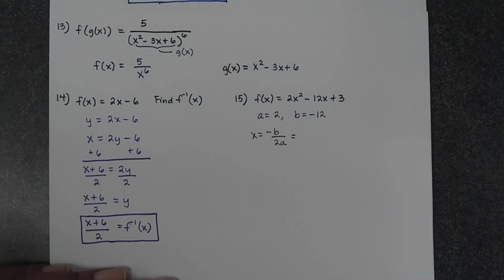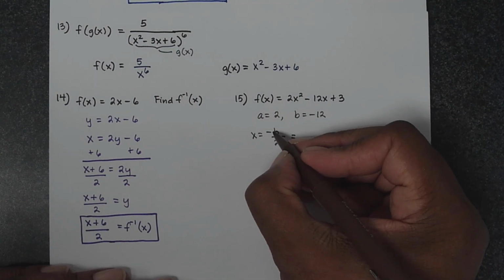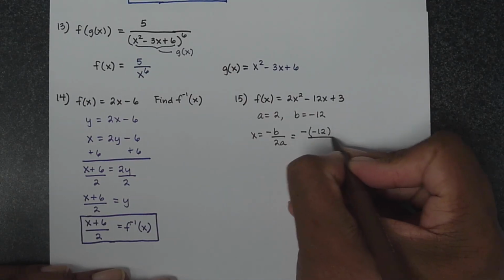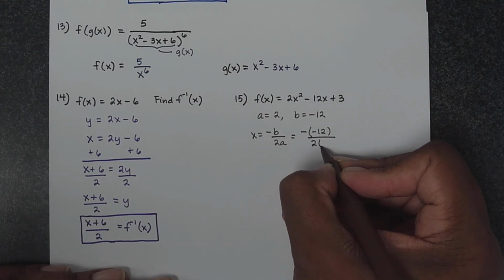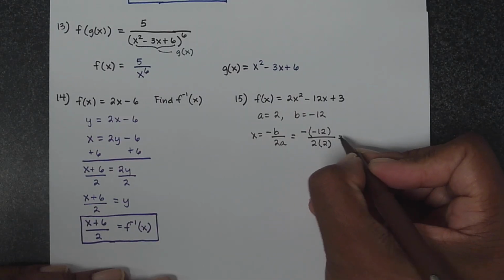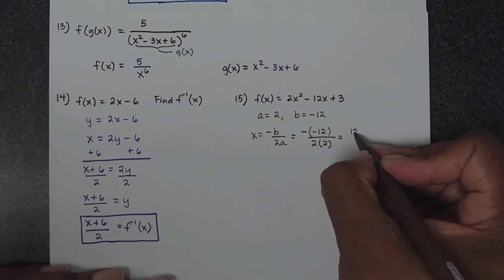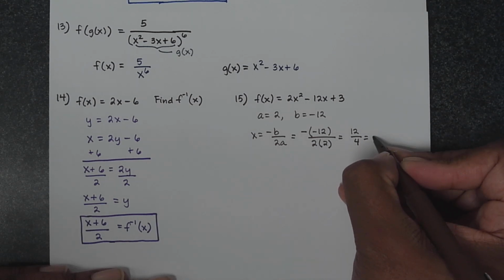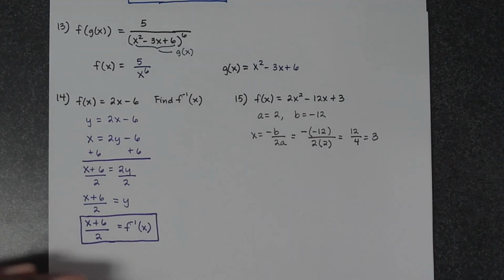So I'm going to substitute the b with negative 12, bring this negative sign over. So it'll be negative of negative 12 divided by 2 times a, which is 2. Well, negative of negative 12 will be positive 12 over 2 times 2, which is 4. 12 divided by 4 is 3. So the x-coordinate of that vertex is going to be 3.